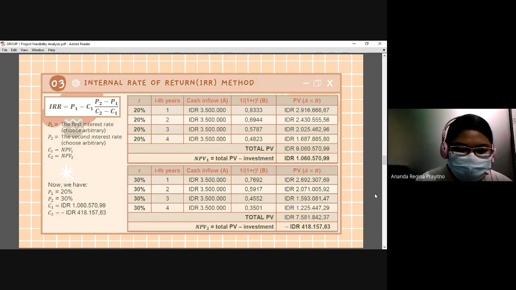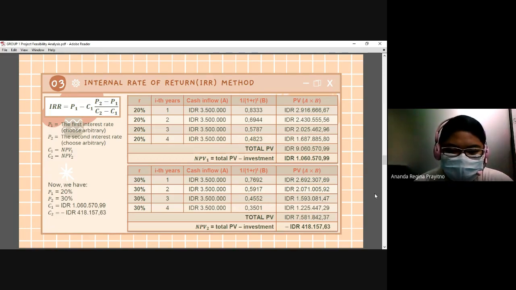So we should try many numbers, and we get the NPV. The first NPV is positive and the second NPV is negative. So we choose the first interest rate of 20% and the second of 30%, and then we calculate the same as before.